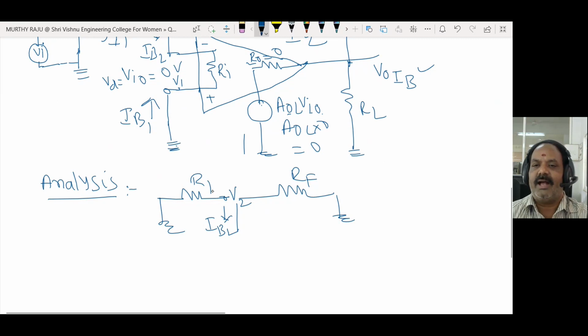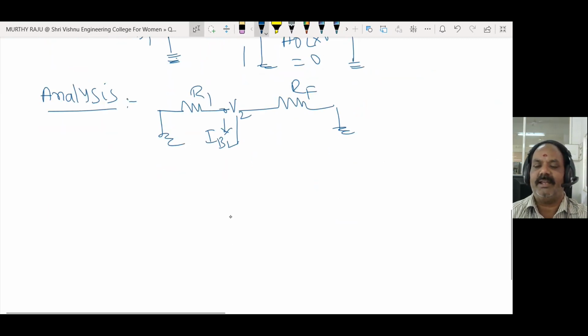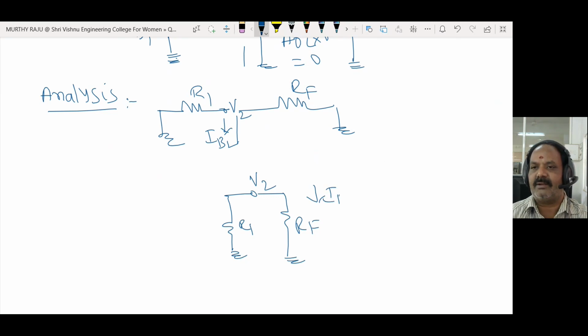Therefore, R1 and RF are connected in parallel, and the current flowing through this parallel combination is IB2. This is the node of R1 and RF.